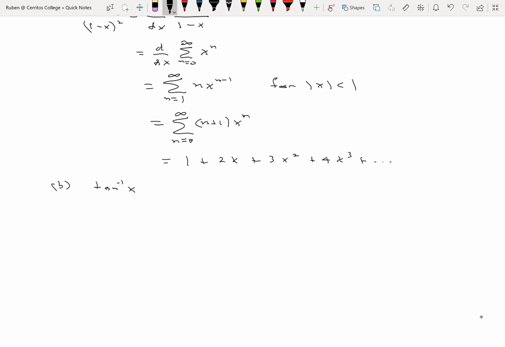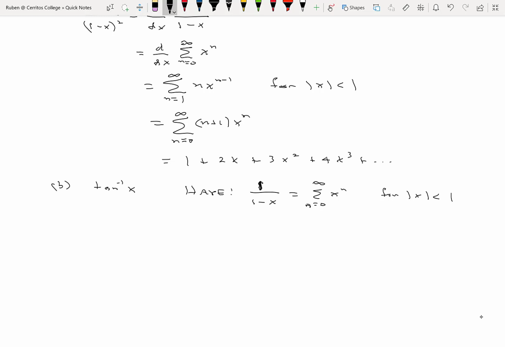And I only have this to use: 1 over 1 minus x is the sum of x to the n, n goes from 0 to infinity. That's all I got. Okay, for absolute value of x less than 1.